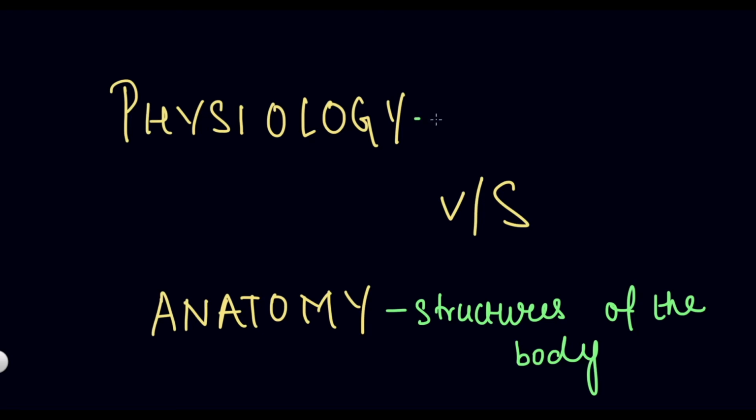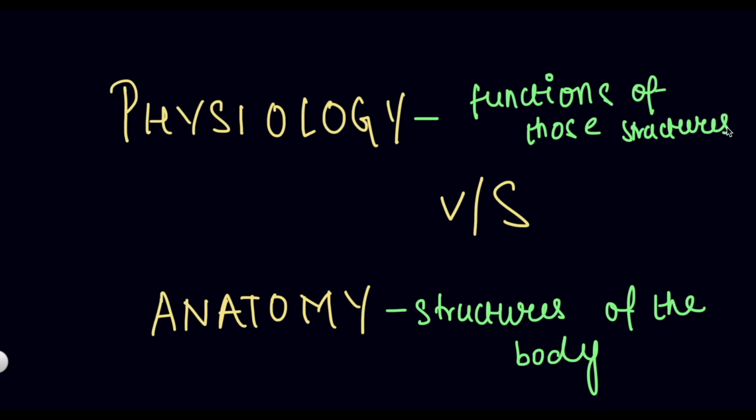But what is physiology doing, right? Will these structures be of any use to us if we did not have physiology? You guys are right. Then anatomy would have been of no use. So physiology is complementing anatomy, right? So it's the study of the functions of those structures, right?